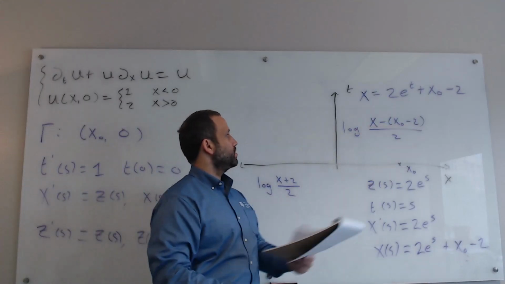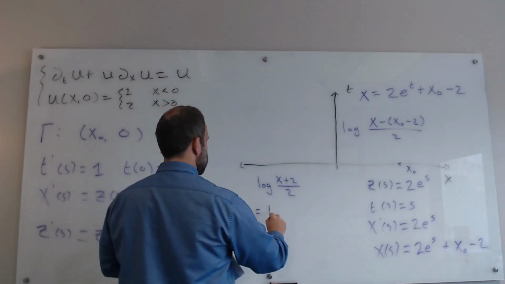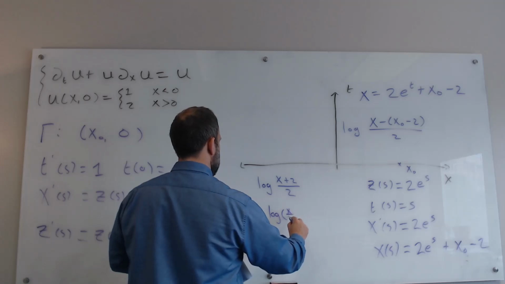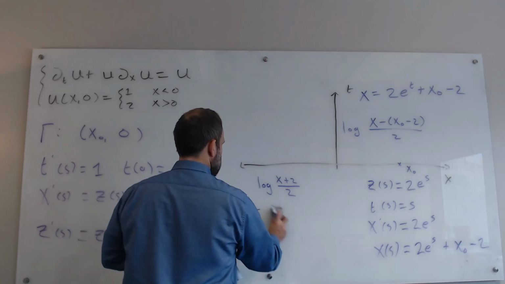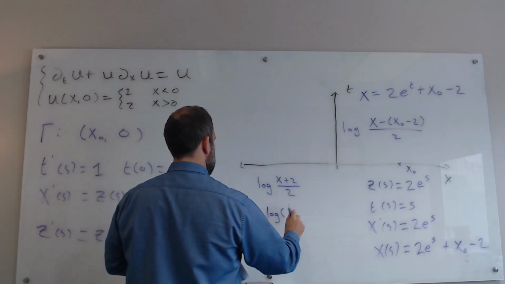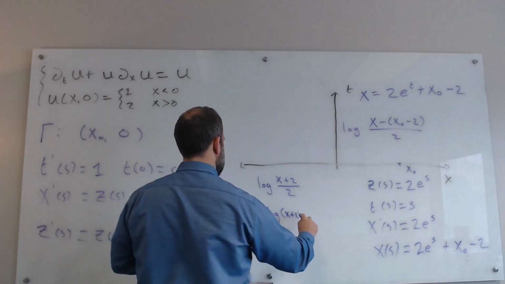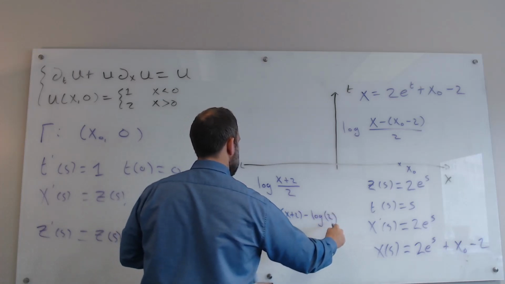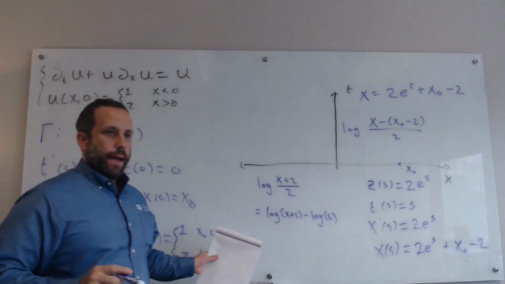So minus 2 gives me plus 2, and this, by the properties of logarithms, is just log of x plus 2 minus log of 2. Okay.